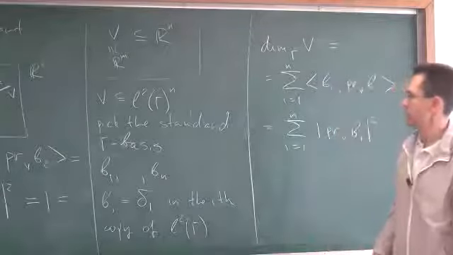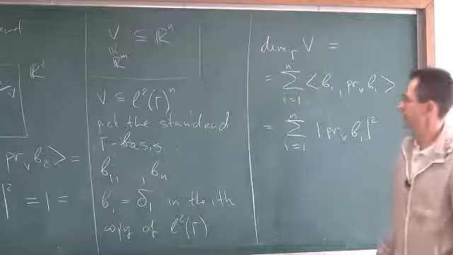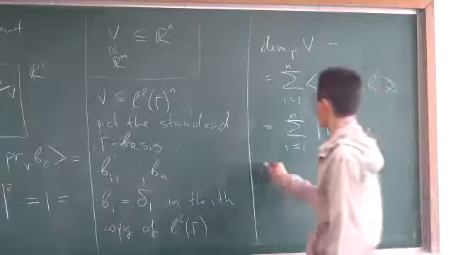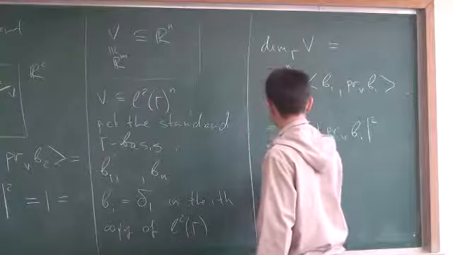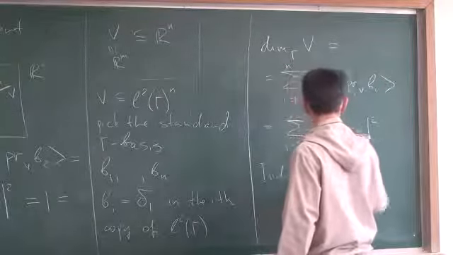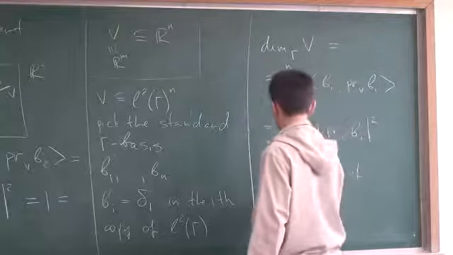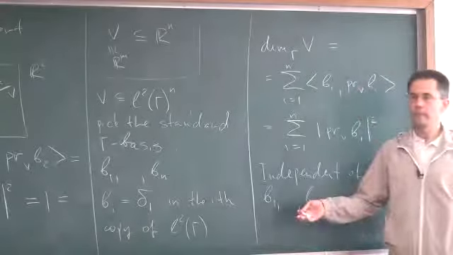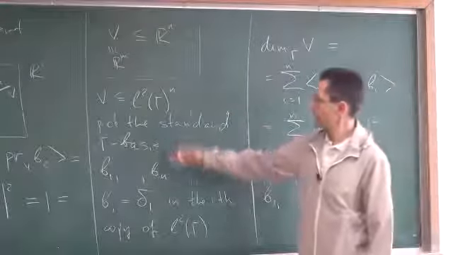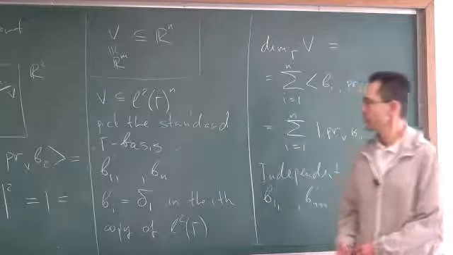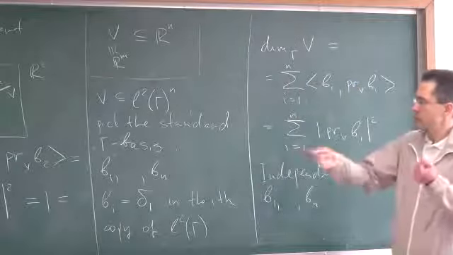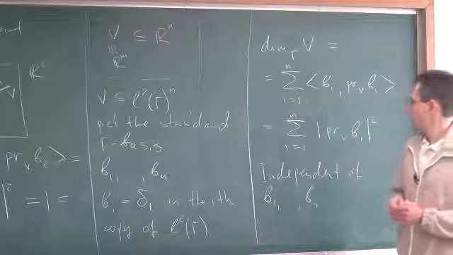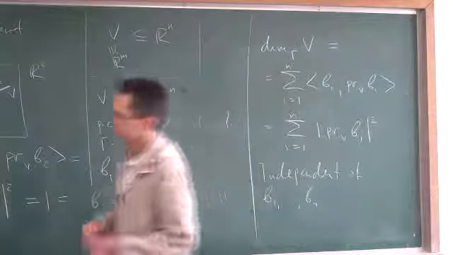I will skip the proof for now. If I have time, then I might say some words. But it turns out that this number is independent of the choice of B1 to Bn. As long as we pick some standard orthonormal basis, and pick just one representative in each gamma orbit, then you will get the same number.